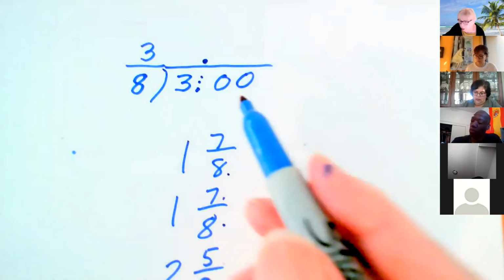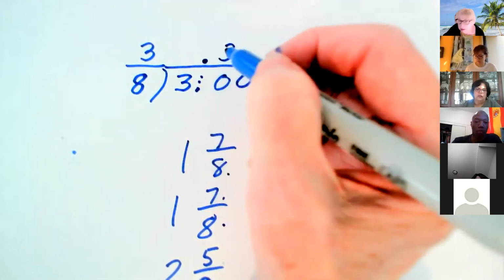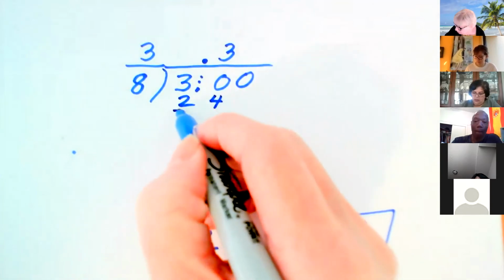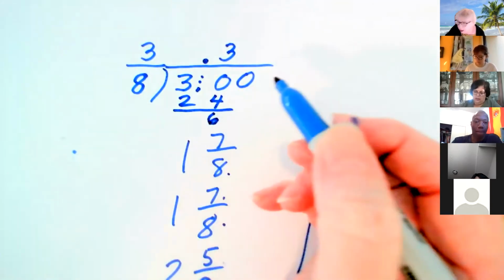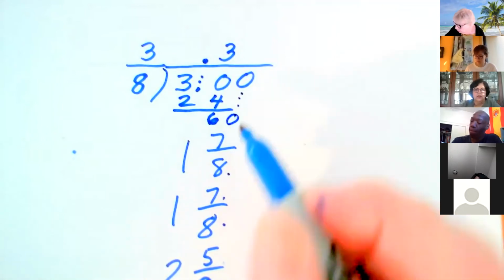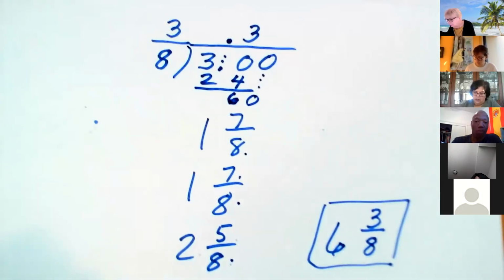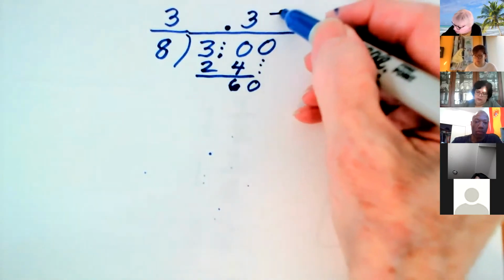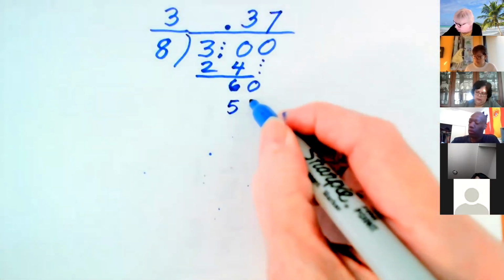So 8 into 30 goes 3 times. 3 times 8 is 24. 6 left over. We ran out of room. I know how to fix this. 8 into 60 goes 7. 7 times 8 is 56.